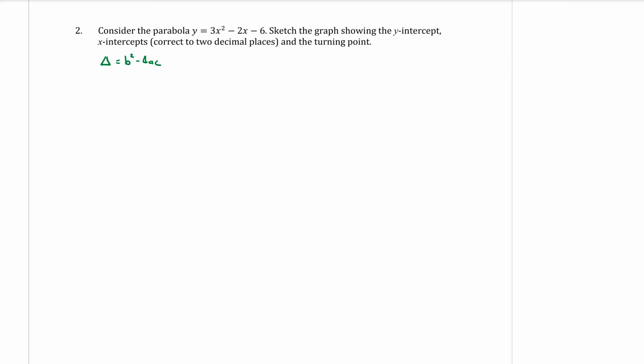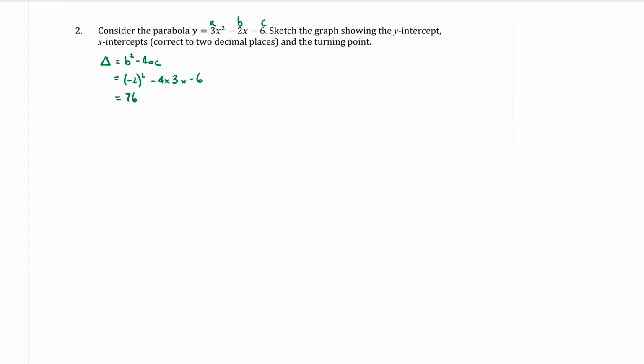My a is going to be 3, b is going to be minus 2, and c is going to be minus 6. Let's sub those into that formula. So that is minus 2 squared minus 4 times a, which is 3, times c, which is negative 6. Calculating that, we get 76.